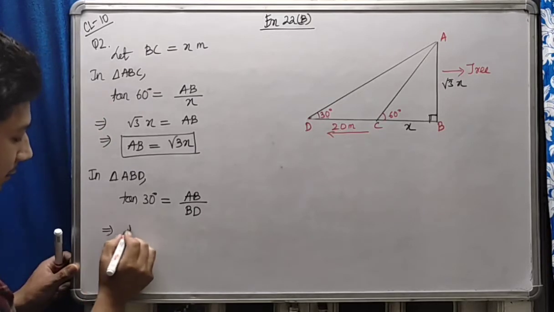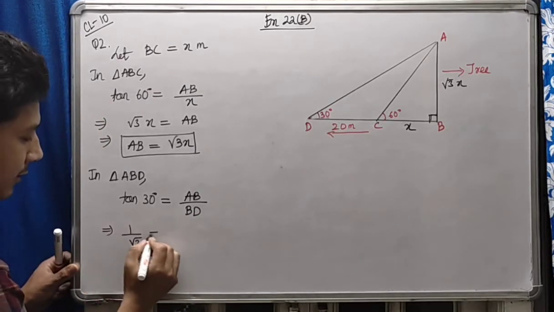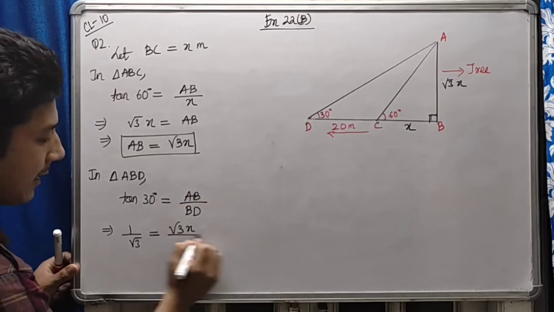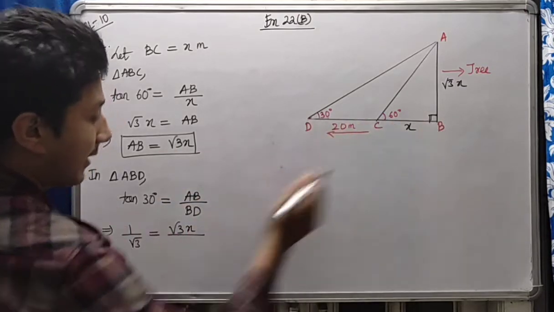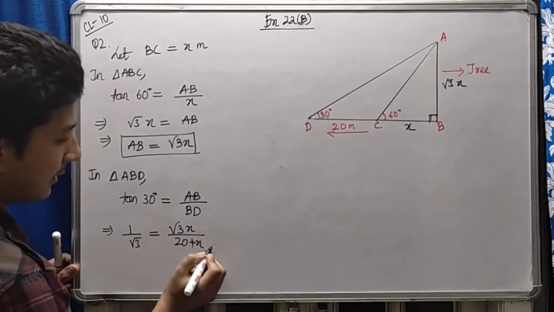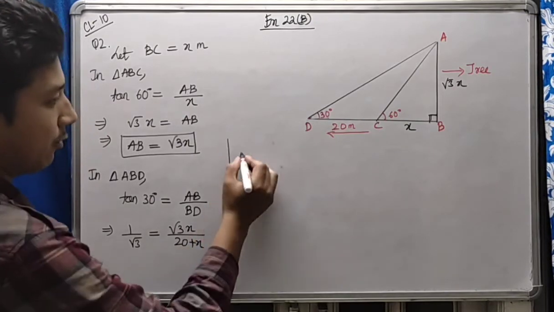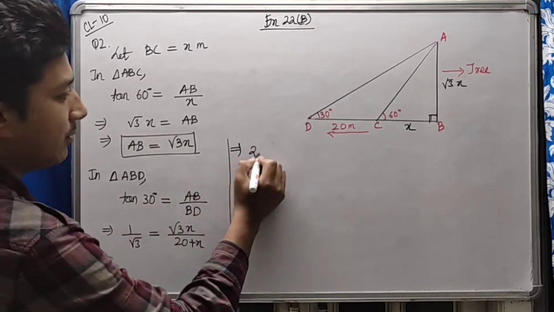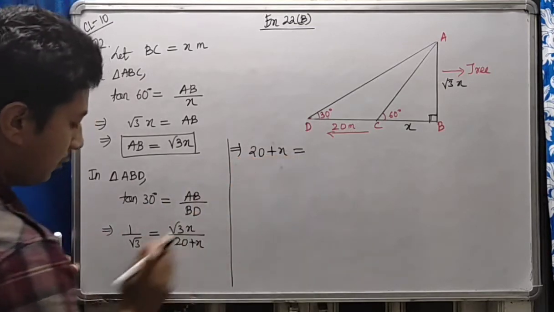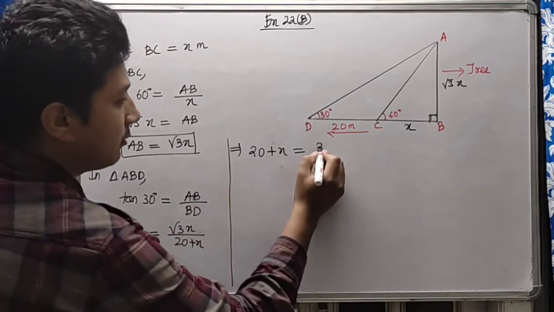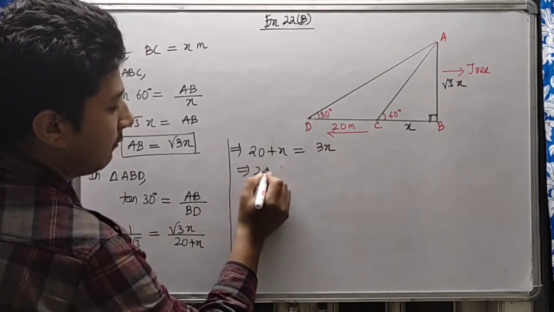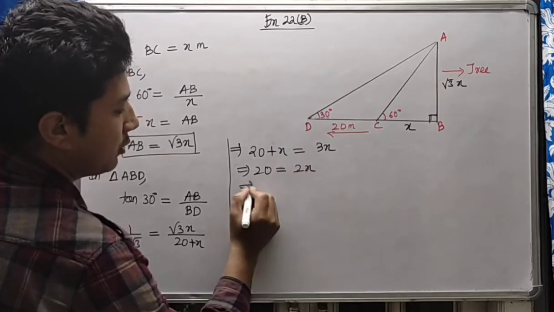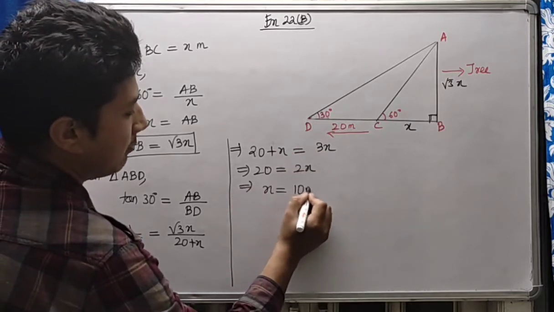Tan 30 is 1 by root 3, which is equal to AB, that is root 3x, by BD, that is 20 plus x. So let us cross multiply, boys. If I cross multiply, 20 plus x into 1 is 20 plus x, which is equal to root 3 into root 3x, which is only 3x. So this will give you 20 is equal to 3x minus x, that is 2x, which will give you x is equal to 10 meter.